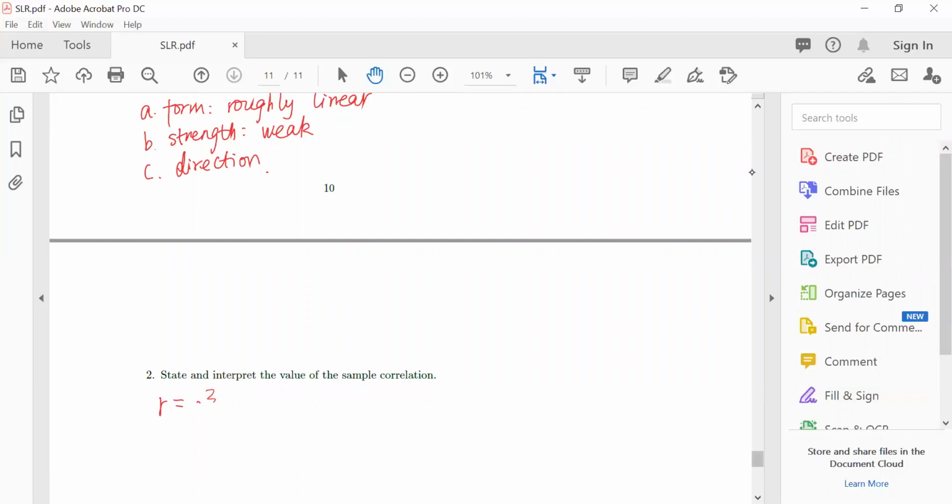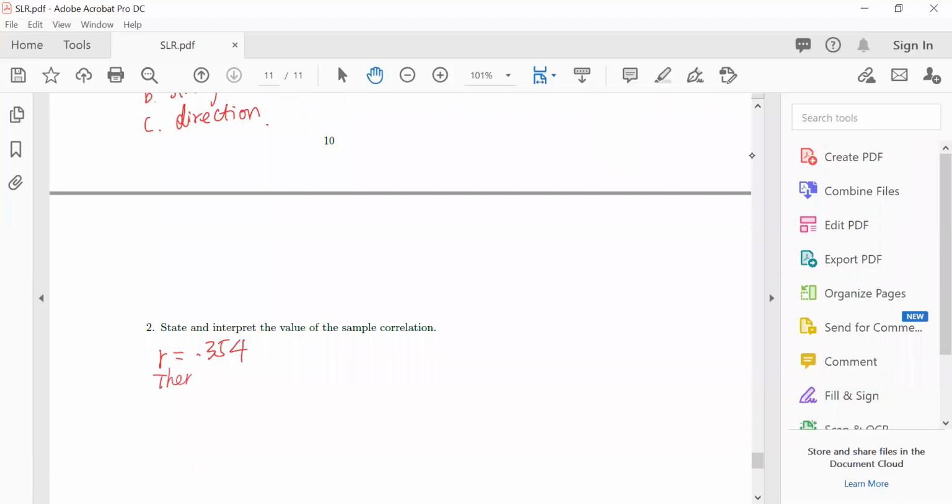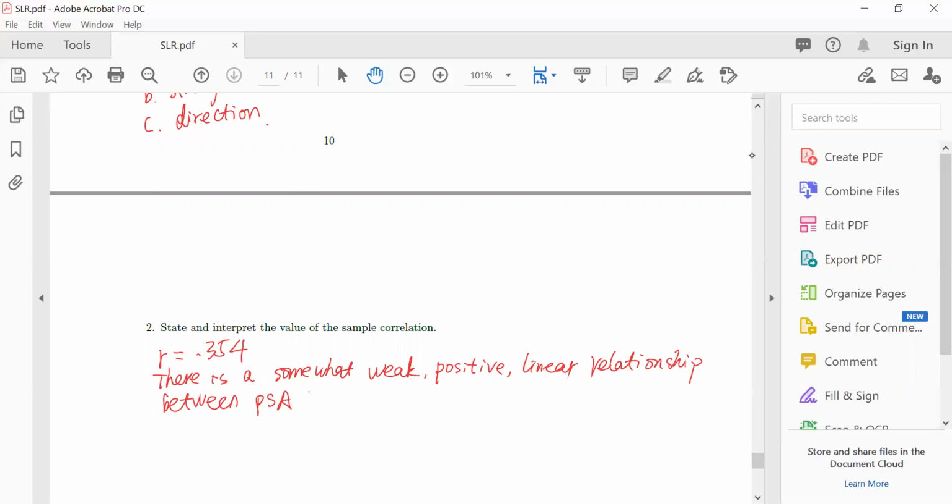So that is saying there is a somewhat weak positive linear relationship between PSA level and prostate weight.